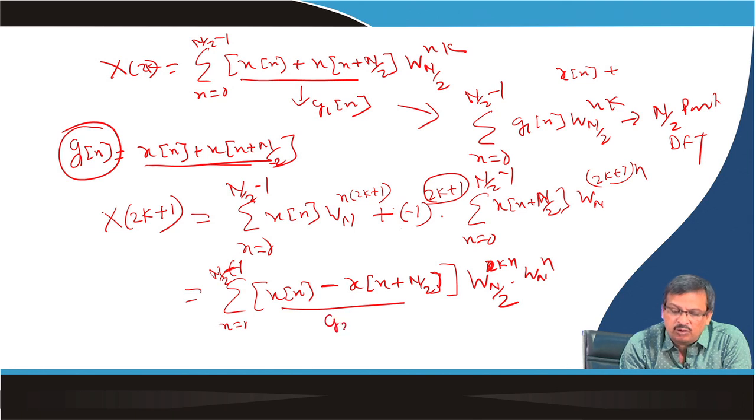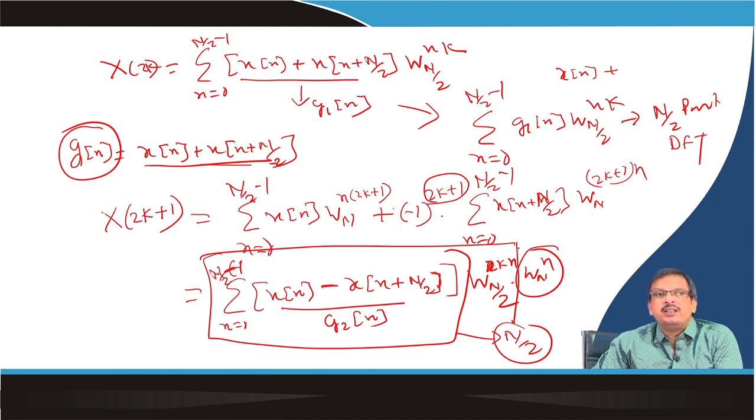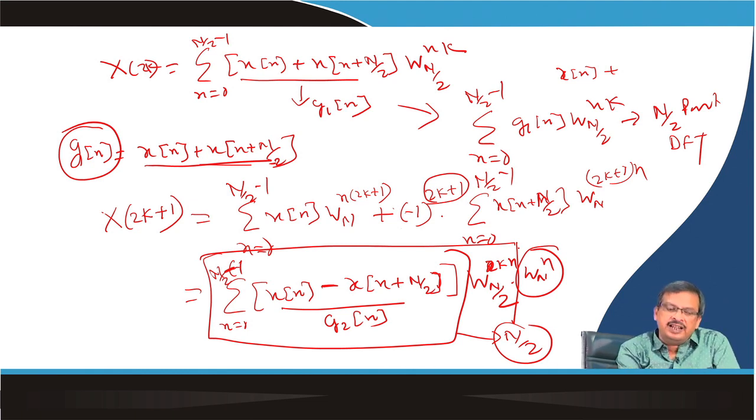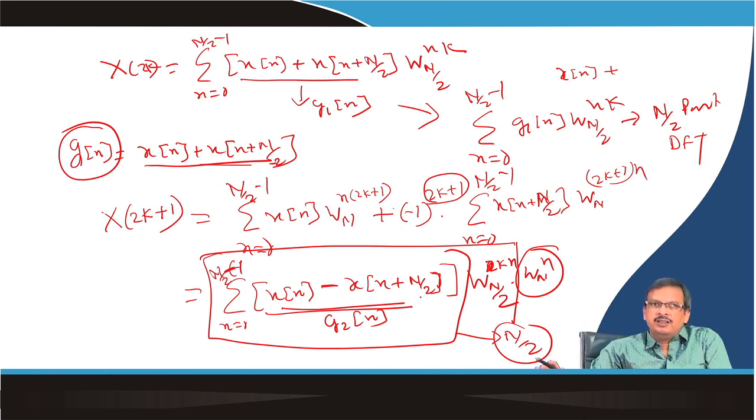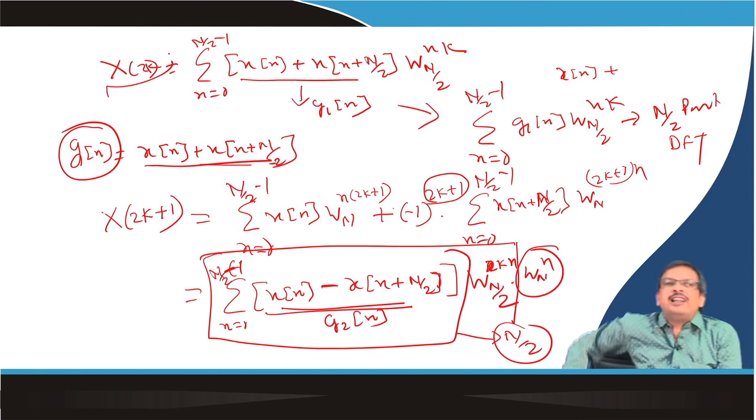If it is g2(n), then I can say this is again an N/2 point DFT, which is multiplied by W_N^n. So, if the output is odd index, then it will be subtract and N/2 point DFT. If the output is even index, then it will be add and N/2 point DFT.